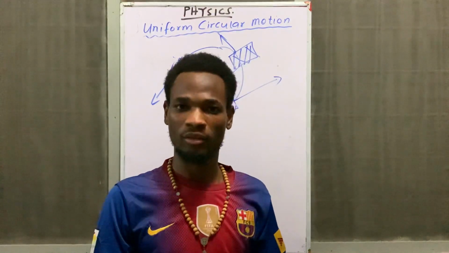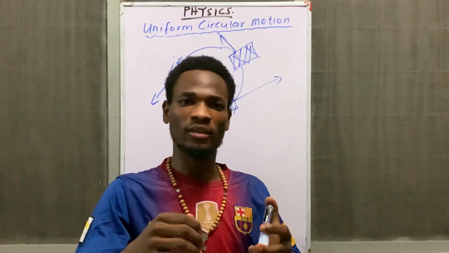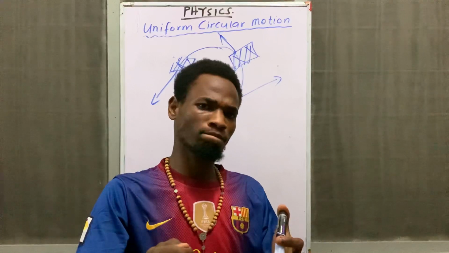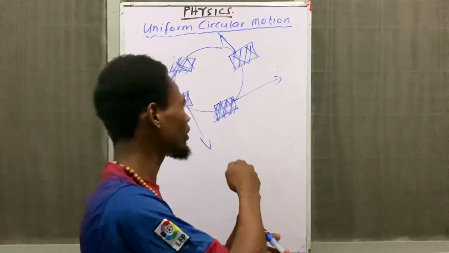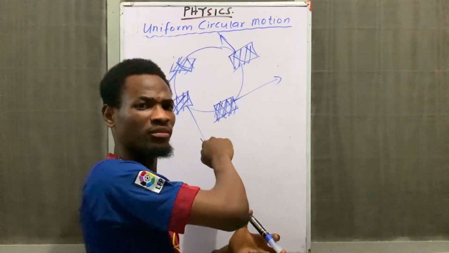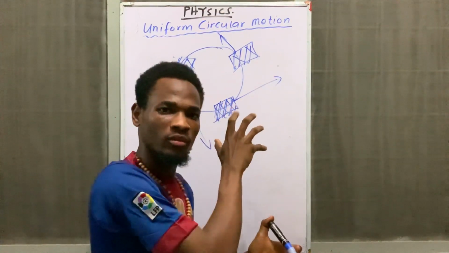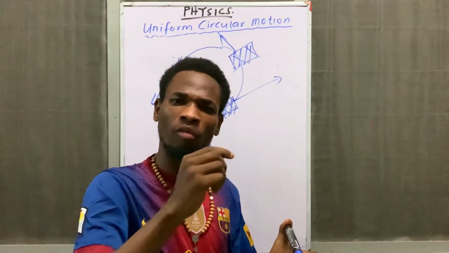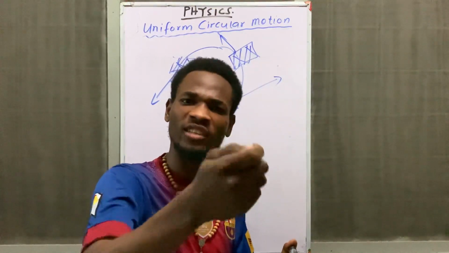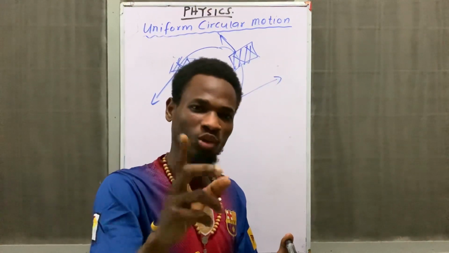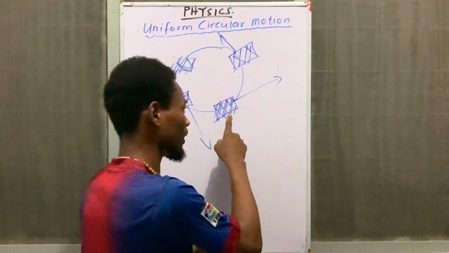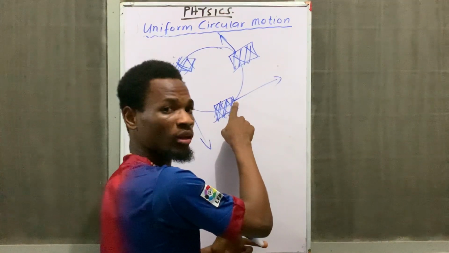What is happening? You can deduce that as the body is performing a circular motion, at a particular instant, the direction of the body keeps changing. The direction is not constant. Why? At this particular instant, look at the velocity, look at where it is pointing.